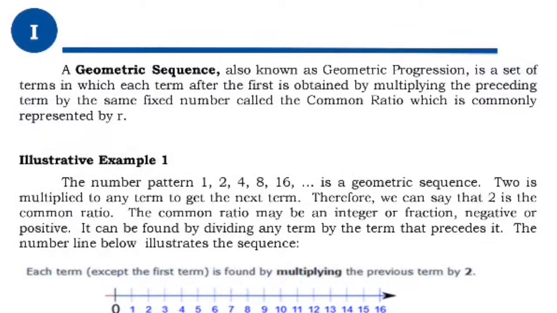So a geometric sequence, also known as geometric progression, is a set of terms in which each term after the first is obtained by multiplying the preceding term by the same fixed number called the common ratio, which is commonly represented by r. So, ang kaibahan po dito sa geometric sequence, sa arithmetic sequence, ay ang sa arithmetic sequence ay you're going to add, but dito, you're going to multiply.